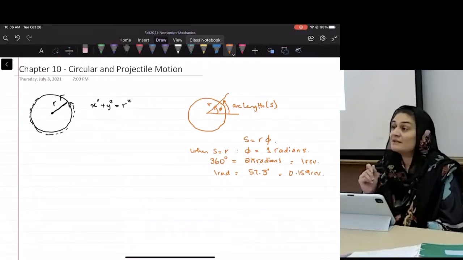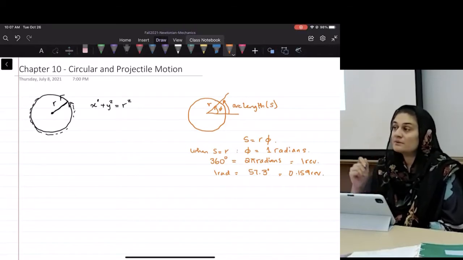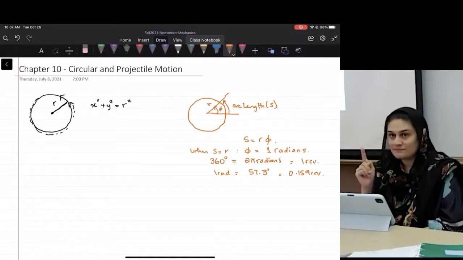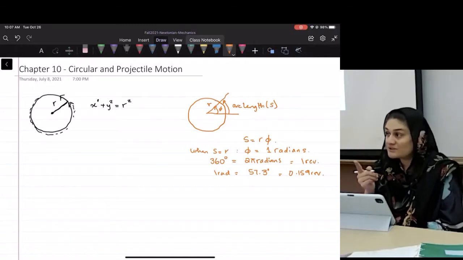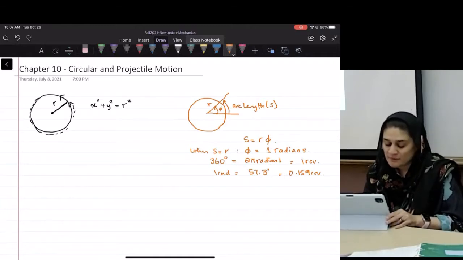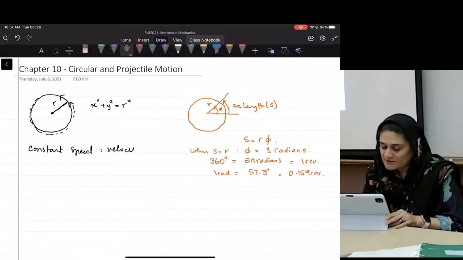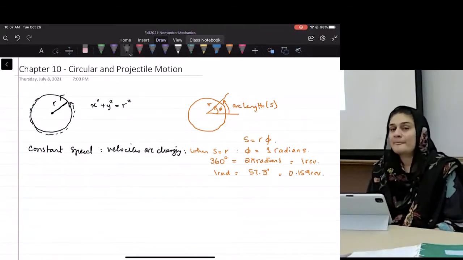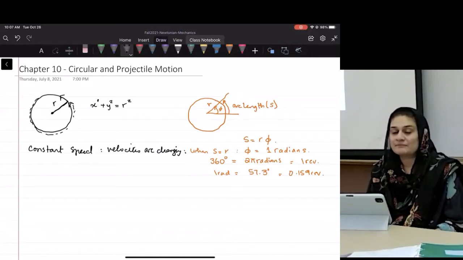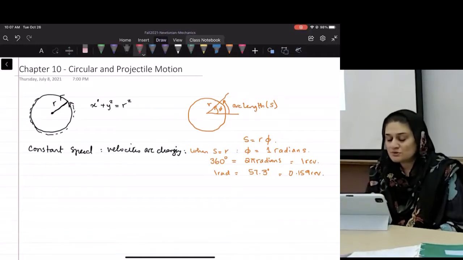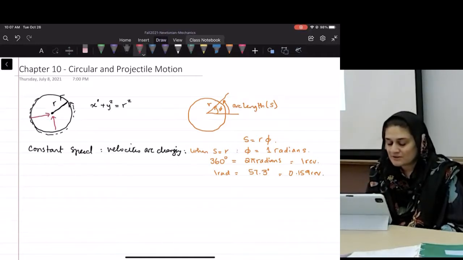For things moving in a circle, even when they are going with a constant speed, their velocities are constantly changing. Agree? Because their directions are always changing. So that means we can define 2 different things.